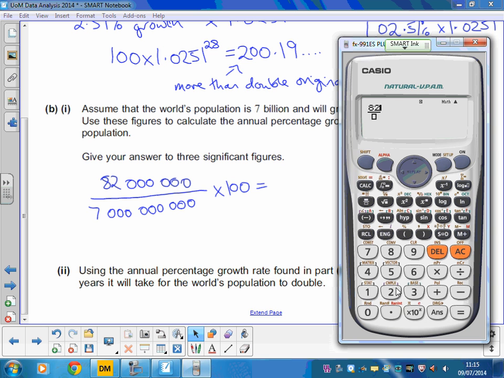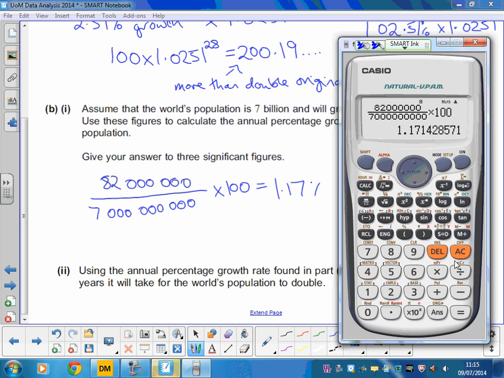So 82 million divided by 7 billion times 100 gives us 1.17%. Now it says give your answer to 3 significant figures, and that's 3 significant figures.